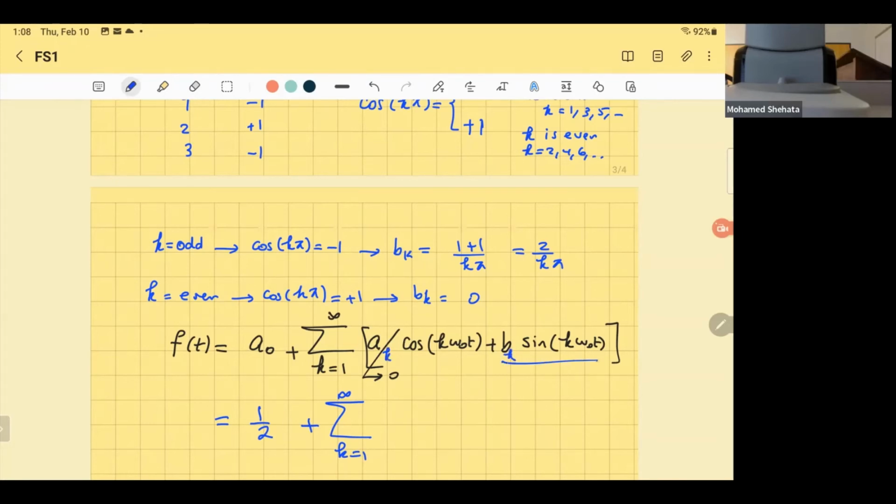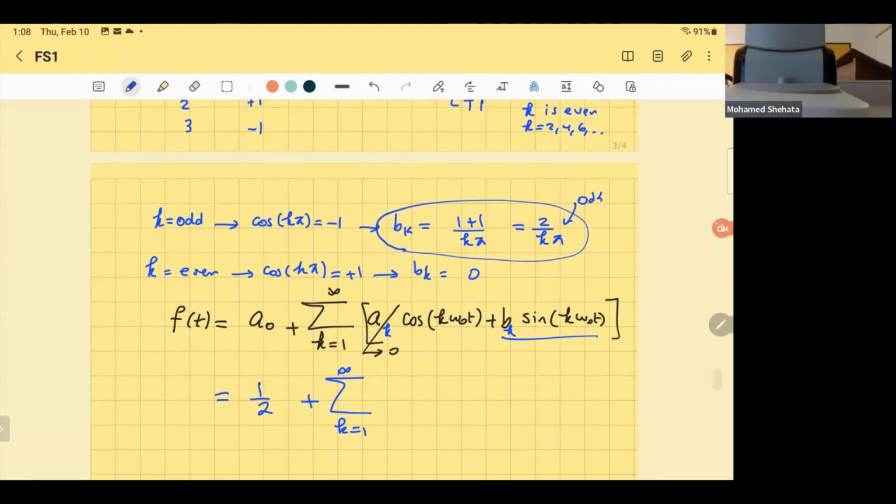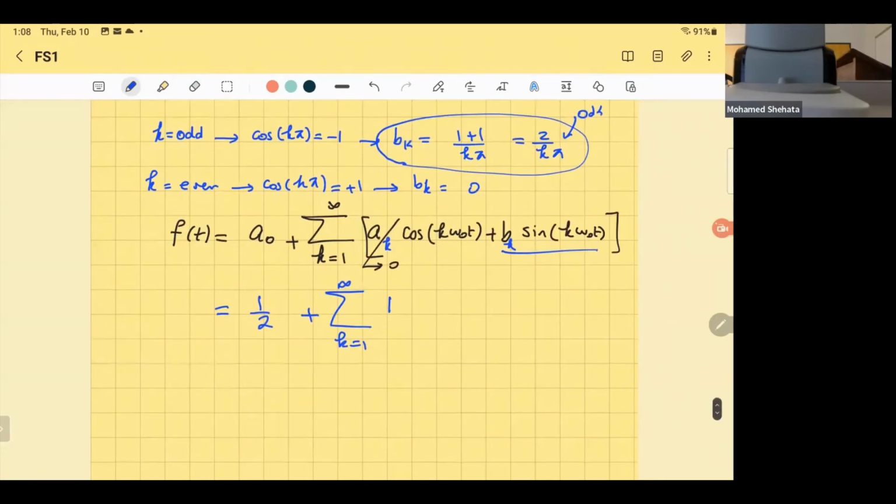So I found bk equal to 2 over k pi, only for odd. Now I have the value for bk. It's equal to 2 over k pi sine k omega naught t.